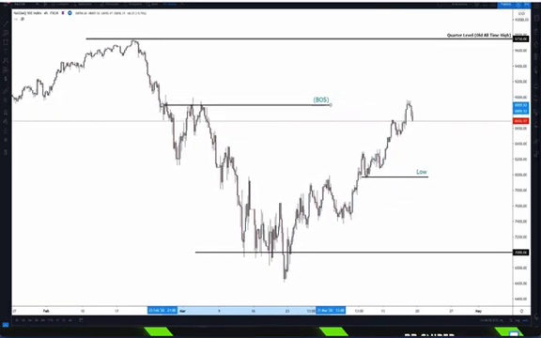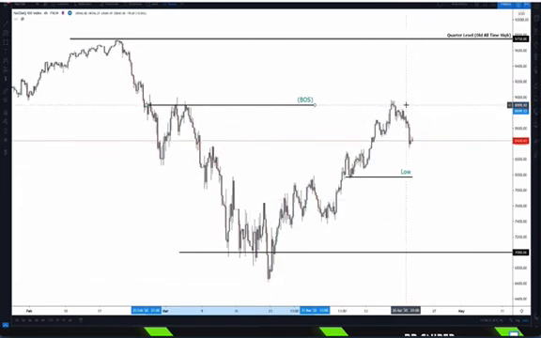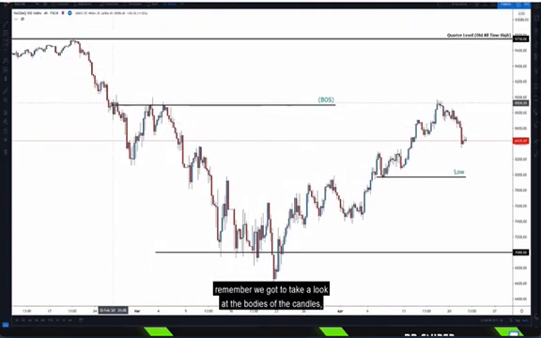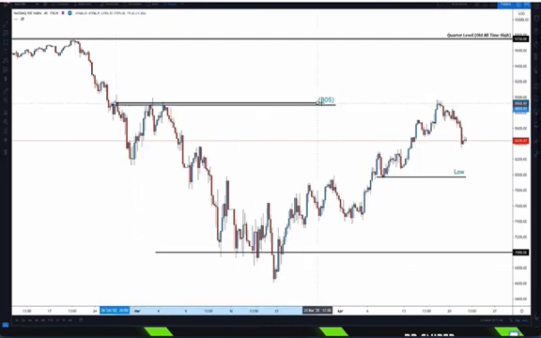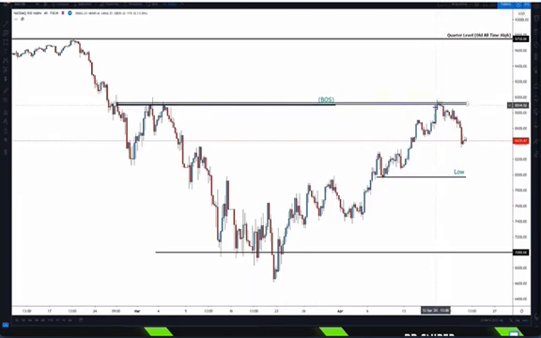Allowing price to develop. And one might argue that that was a break of structure. But if we take a look, remember, we got to take a look at the bodies of the candles. Very, very close, but that, in my opinion, is not enough for a successful break of structure.